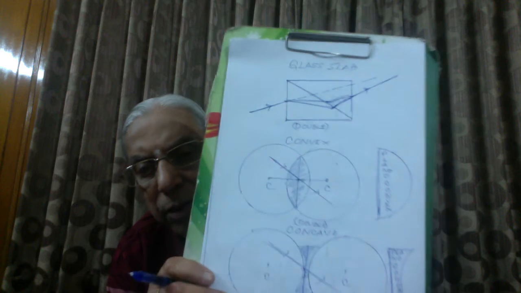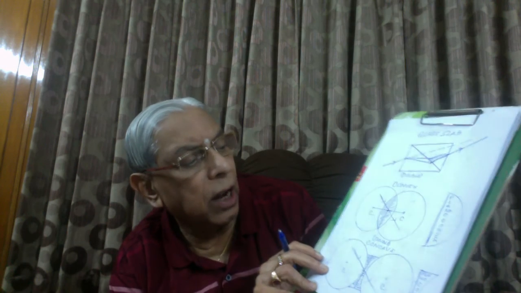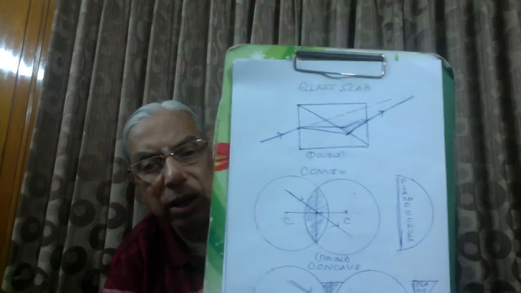And then I have to take up now the radius of curvature. Certainly the distance between the optic center, the distance between which one? Radius of curvature. See now here, please understand this particular point here.